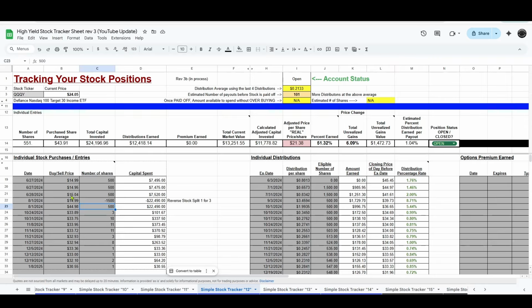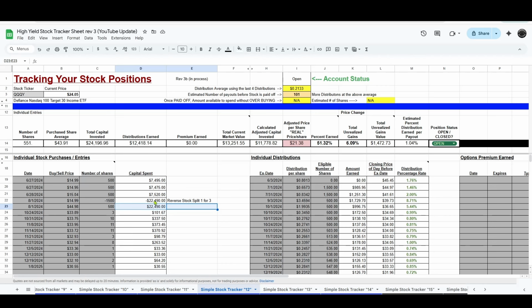But I will show you what you need to do, because your broker should provide you with this dollar value here that gets sold out. And then it should provide you with that dollar amount that it actually purchased shares with.